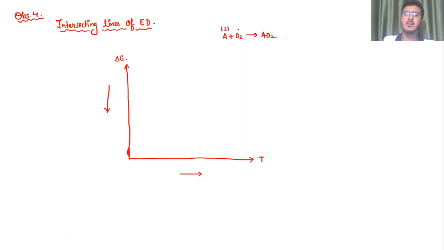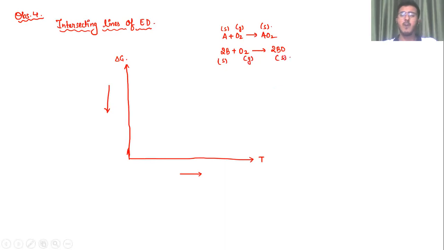This A is solid, oxygen is in gaseous phase, and AO2 is again solid. Similarly, my second reaction is 2B plus oxygen gives 2BO. Again, these are solid phases, oxygen is gaseous, and BO is solid.